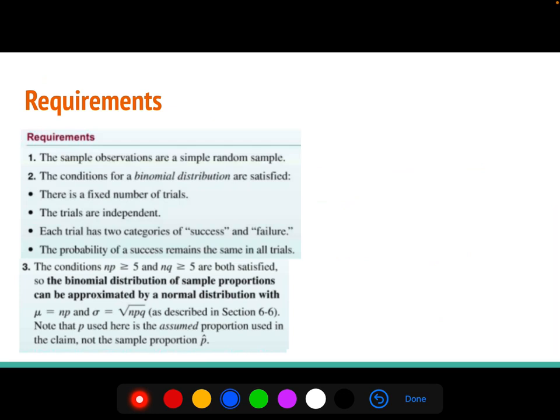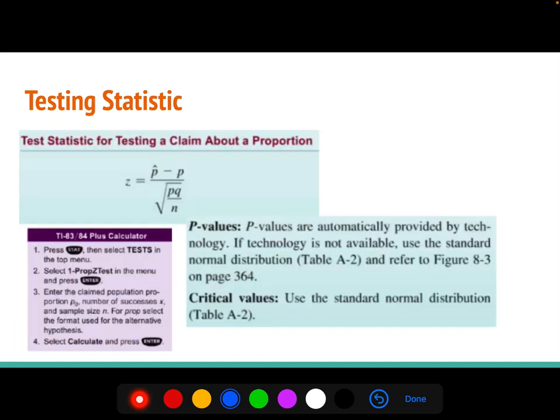The binomial distribution has to be satisfied, and we want n times P greater than or equal to 5 and n times Q greater than or equal to 5. If those are satisfied, then we can approximate with a normal distribution, where mu is n times P and sigma is the square root of n, P, and Q, which we've seen before.